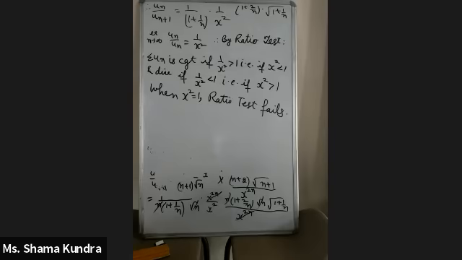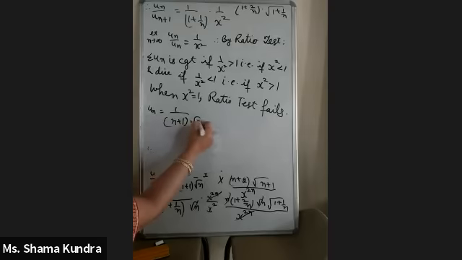So we try it with the comparison test, because when we put x square equals 1 in the Un term, we don't have an x term, factorial term, or increasing multiple term. We have only a simple term. So we can apply the comparison test after failure of the ratio test. See how. When x square equals 1, then Un will be 1 over n plus 1 into square root of n.